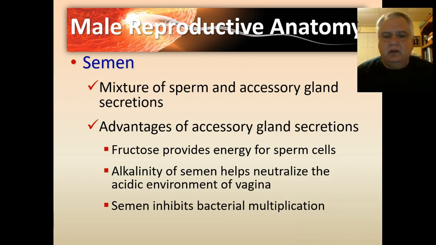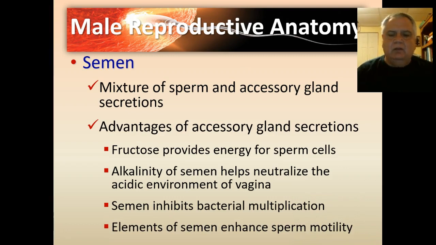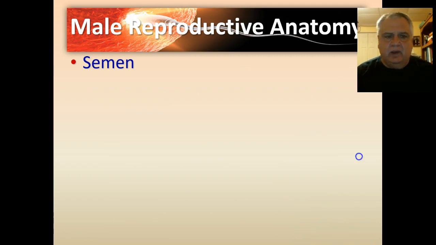Semen also inhibits bacterial multiplication within the penis itself. Elements of the semen will also enhance sperm motility. They'll also enhance the ability of the sperm to be motile and to move once ejaculated into and through the vaginal canal.